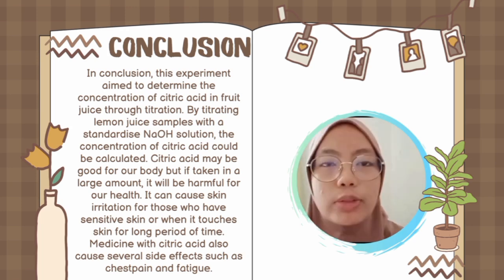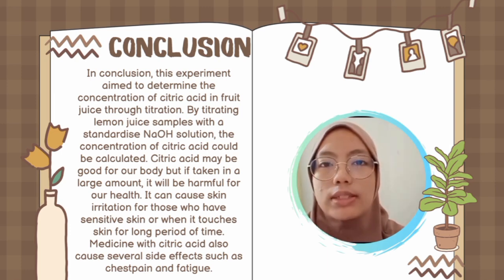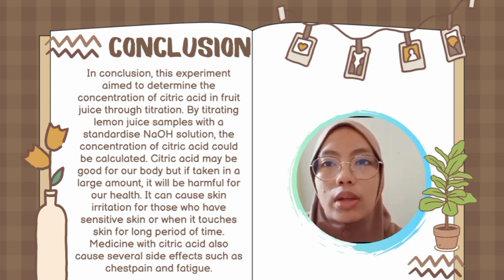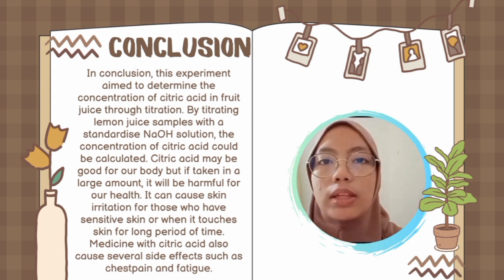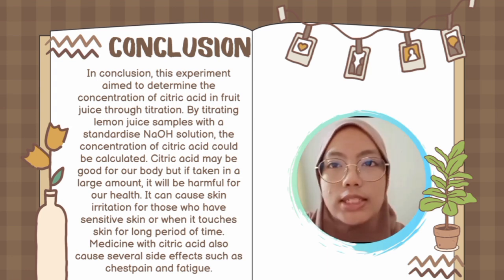Citric acid may be good for our body, but if taken in a large amount, it may be harmful for our health. It can cause skin irritation for those who have sensitive skin, or when it touches our skin for a long period of time. Medicine with citric acid can also cause some side effects, such as chest pain and fatigue.